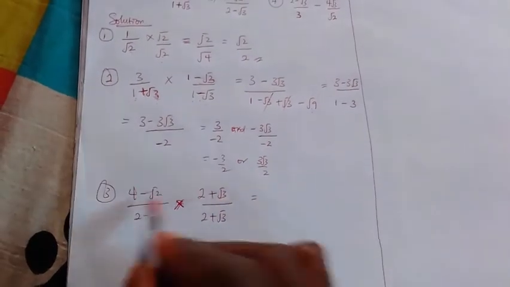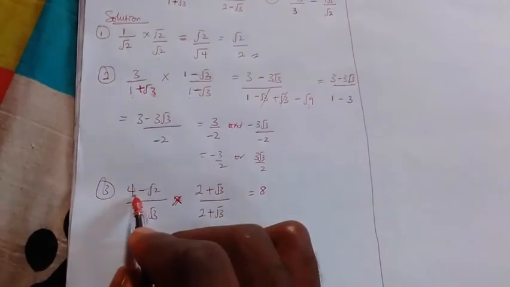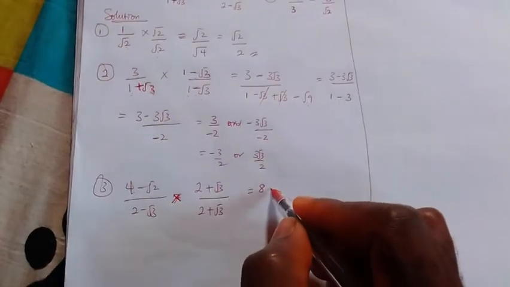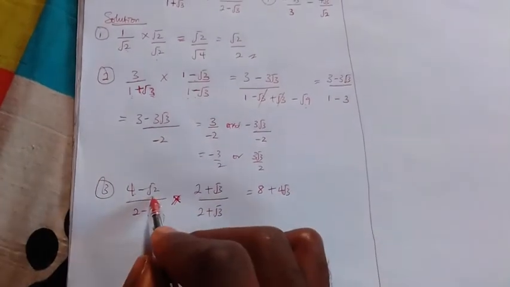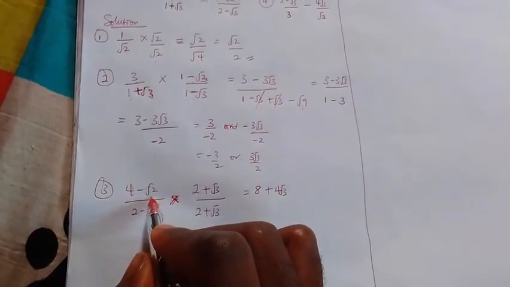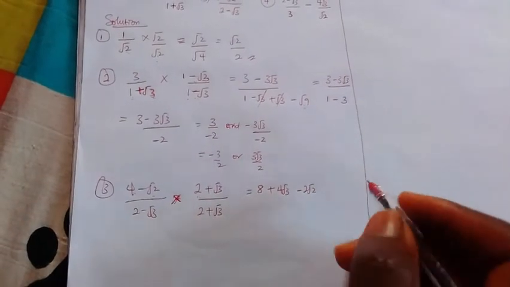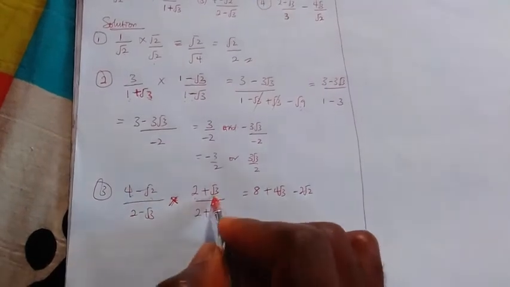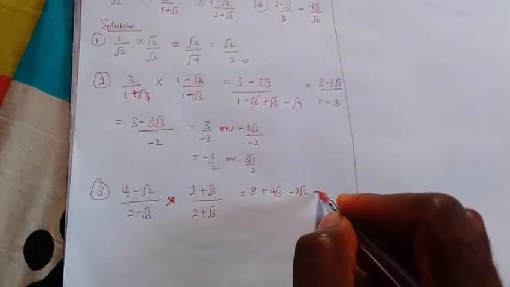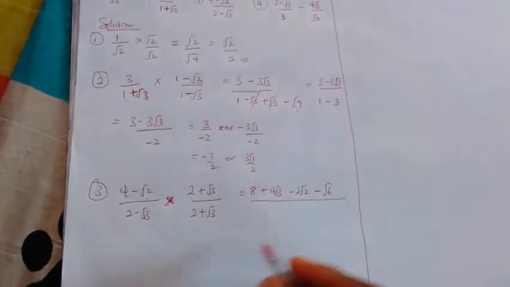And multiplying, this becomes 4 times 2, which is 8. 4 times plus root 3 is 4 root 3. Now let's use minus root 2. Minus root 2 times 2 is minus 2 root 2. Then minus root 2 times plus root 3 gives us minus root 6.